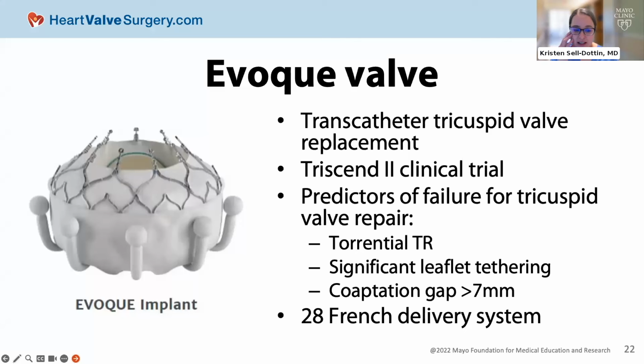We know that there are predictors for failure of tricuspid valve repair, which would include things that we've already alluded to, including torrential TR, so even more than severe is torrential, significant leaflet tethering, as well as a coaptation gap of greater than 7 millimeters, meaning those leaflets are just nowhere near touching each other. This device is delivered through a 28 French delivery system, which is probably about as big around as my index finger. So we're still talking a pretty big device. Next.